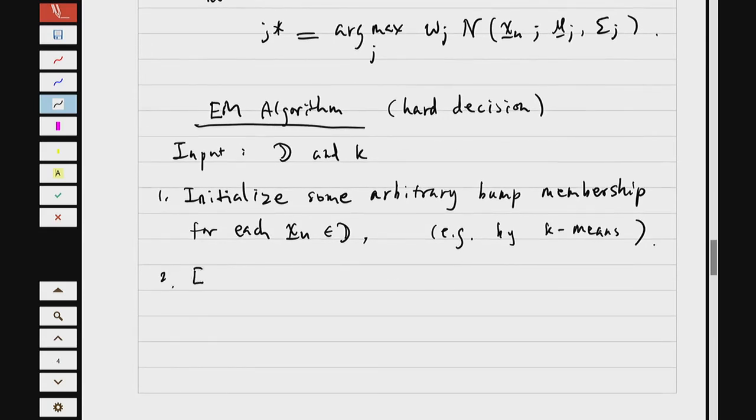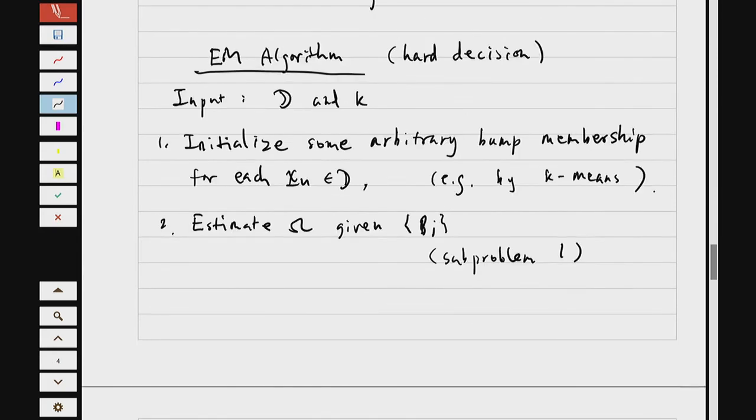After you have this initial membership, you can estimate the parameters omega given bj. Now we have decided the bj based on our k-means. Of course, this will be subproblem 1; we know how to solve it. Number 3, once you have those parameters, you can update the memberships bj given omega.